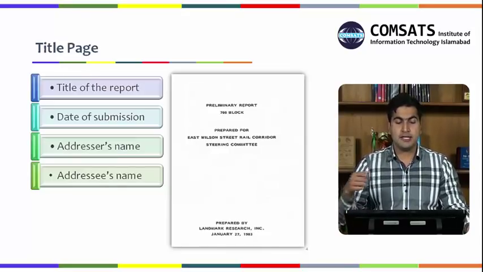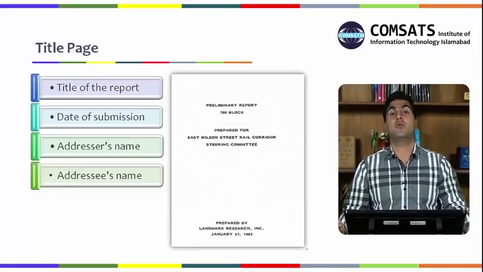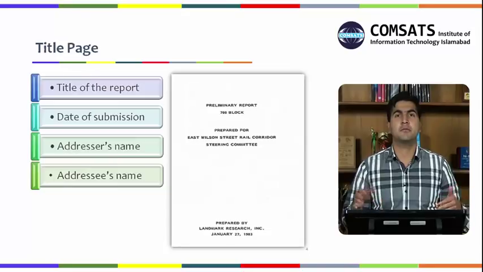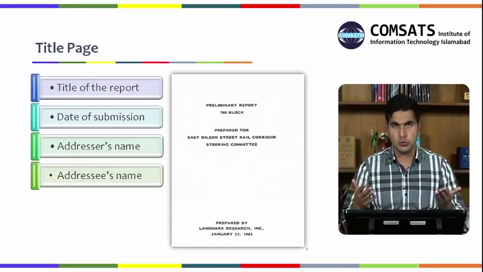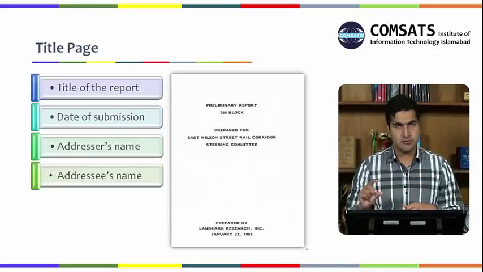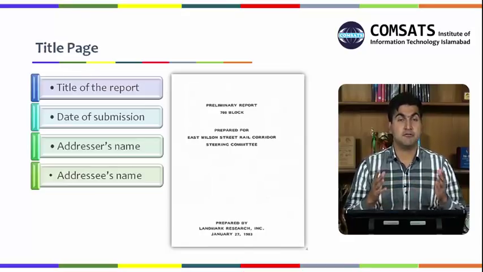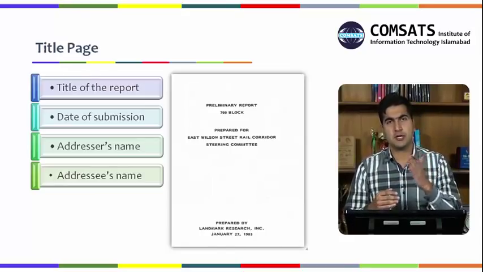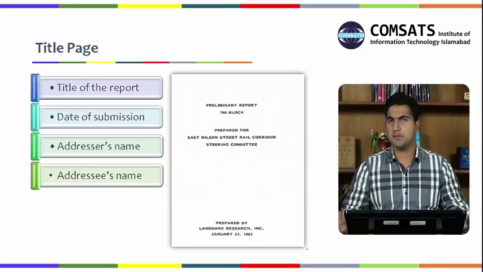Then the third component is the addresser's name. Who is the addresser? The one who is addressing. For example, I am the one writing the report for you. That makes me the addresser and you the addressee. Within the addresser's name, I'm going to write my own name, and for the one the report has been written for, that is the addressee's name, where I'm going to write your name or the names of all the other individuals who have to receive this report.